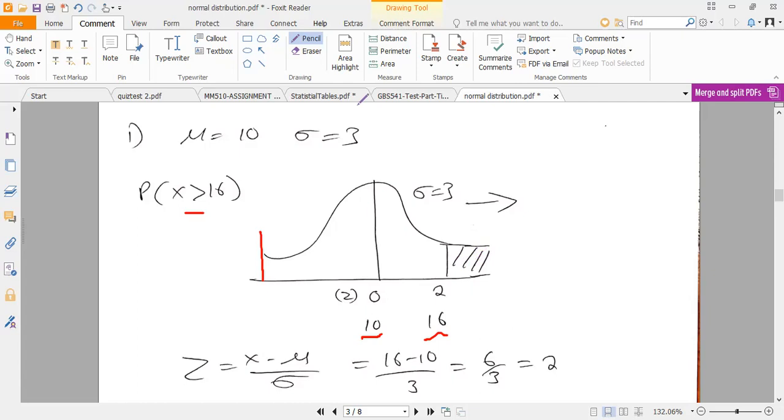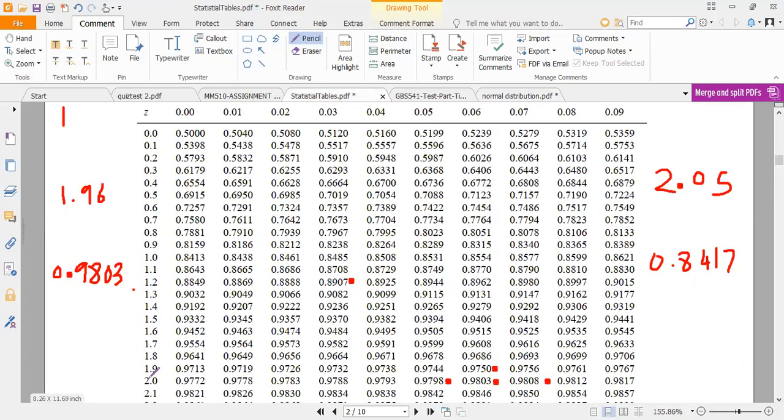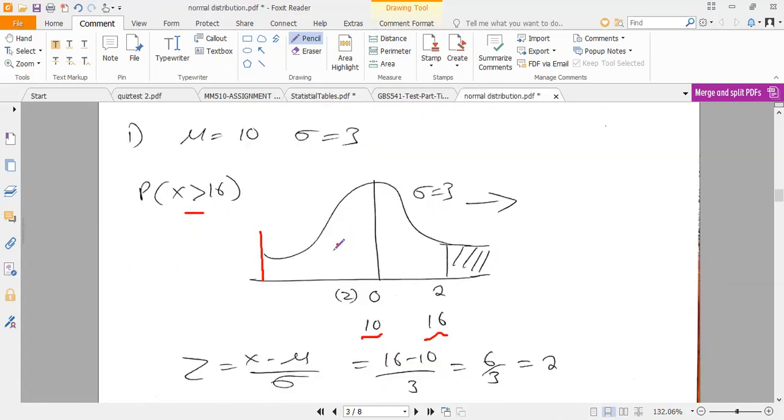From the application, we're able to tell that this is a small region and we need to subtract it from 1. So in the reading of the table, we go under 2.0, and the reading is 0.9772.